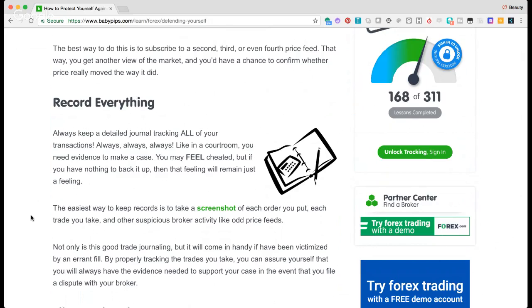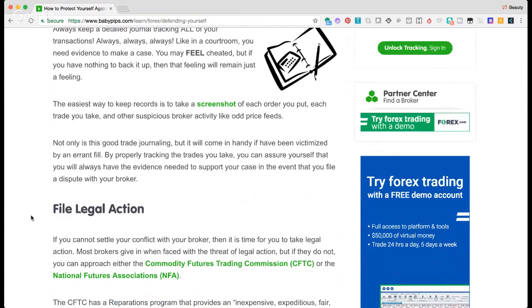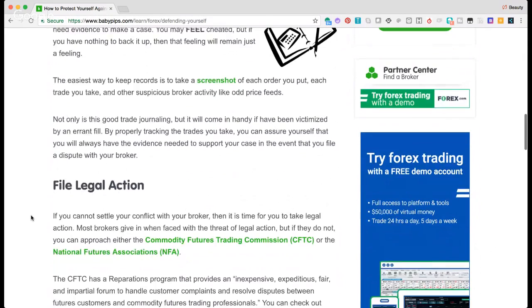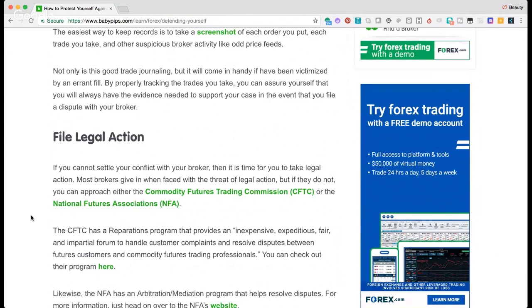The easiest way to keep records is to take a screenshot of each order you put, each trade you take, and other suspicious broker activity like odd price feeds. Not only is this good trade journaling, but it will come in handy if you have been victimized by an errant fill. By properly tracking the trades you take, you can assure yourself that you will always have the evidence needed to support your case in the event that you file a dispute with your broker.